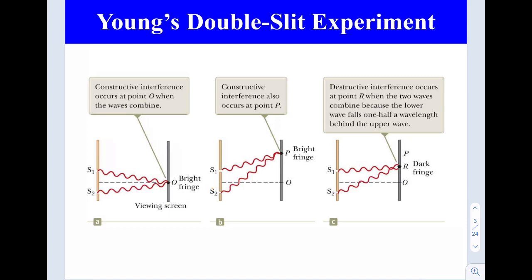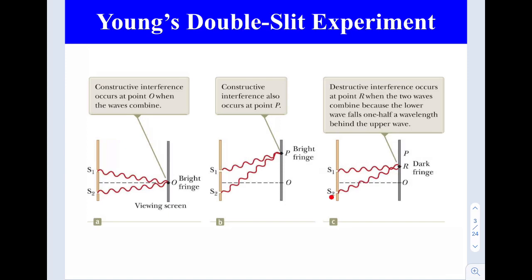However, we are going to observe a dark fringe whenever destructive interference occurs at point R. Let's say, for example, when the two waves leaving S1 and S2 combine, the lower wave falls one half of a wavelength behind the upper wave. What does that mean? Let's say this one is a crest.